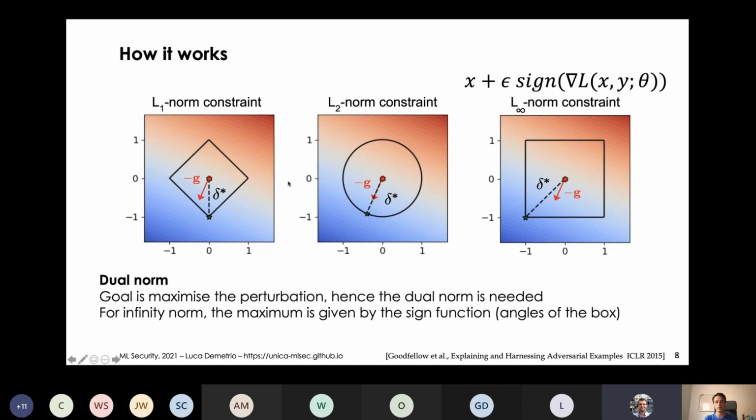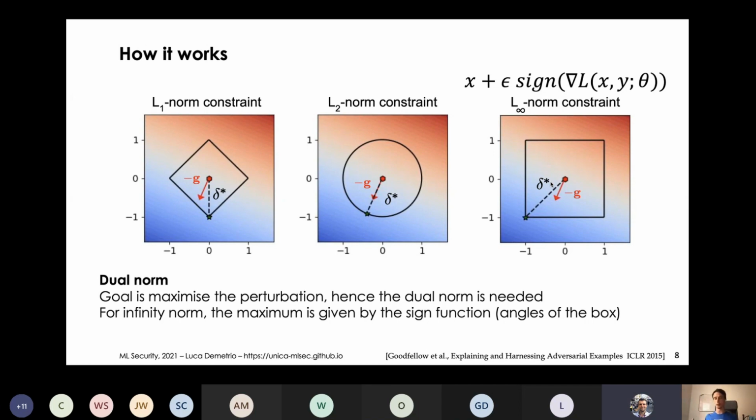Then you have the L2 norm, which is just a ball. And then you have the L infinity norm, which is the maximum along each of the dimensions. If you normalize a vector and compute the infinity norm, the maximum is going to be 1 in absolute value. So it's a square.